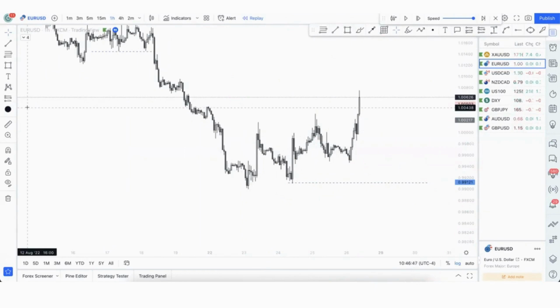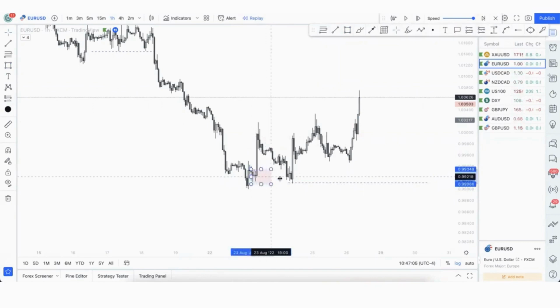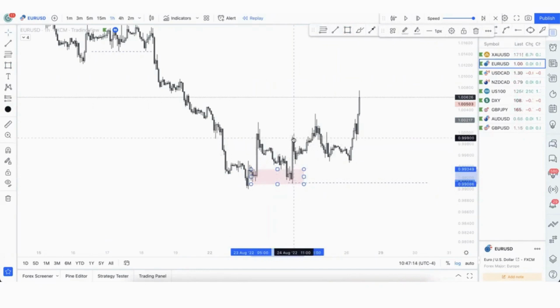As a smart money trader, we always look for this opportunity to trade the imbalance. As you can see here, after the move to the upside, it created this demand here, and price goes back to that one and then makes another impulsive move to the upside.